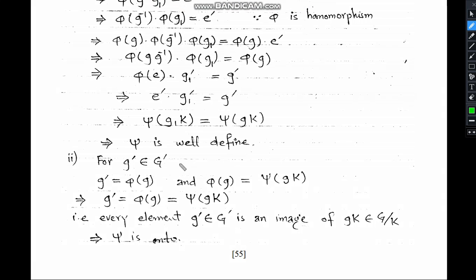Again, now we want to show that this psi is also onto, because we want to show it as 1-1 onto. Let us suppose there is an element g dash in G dash.